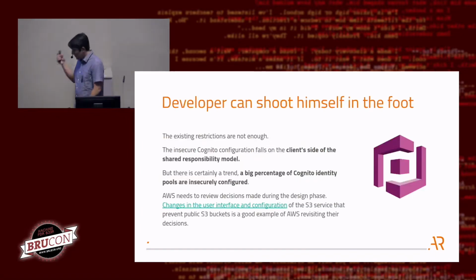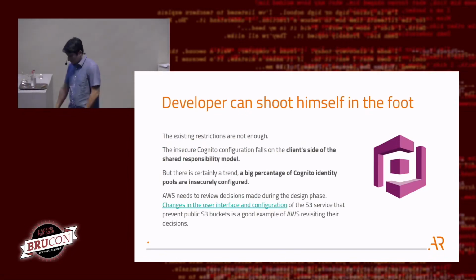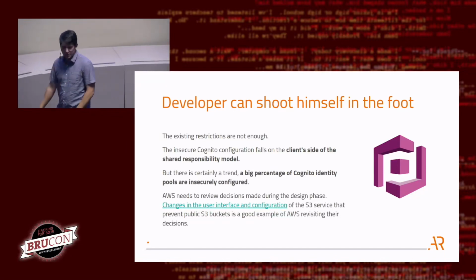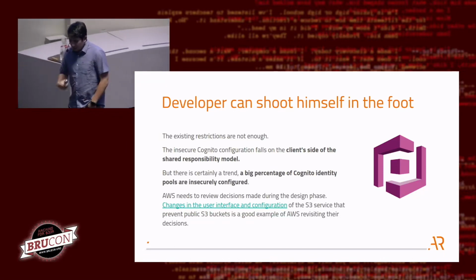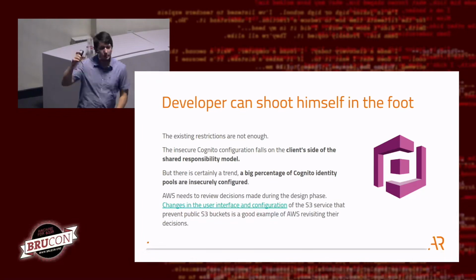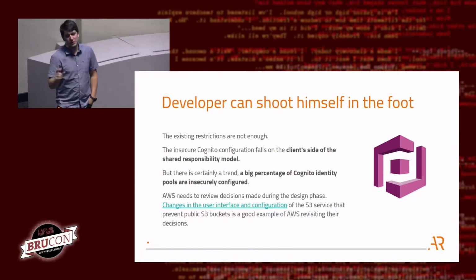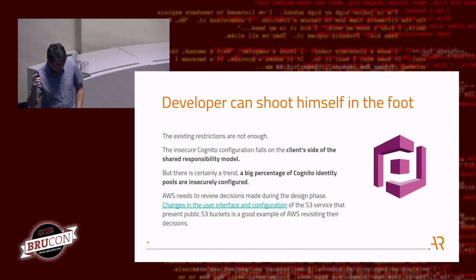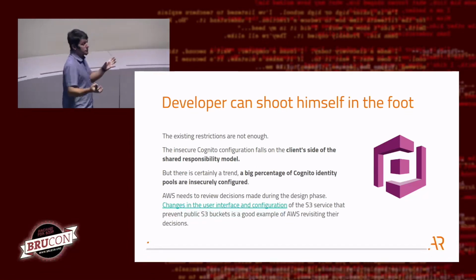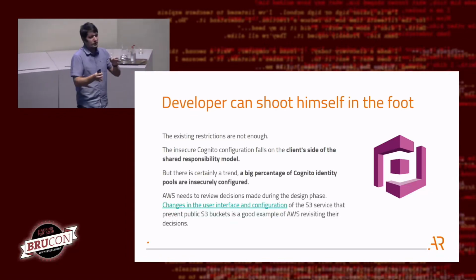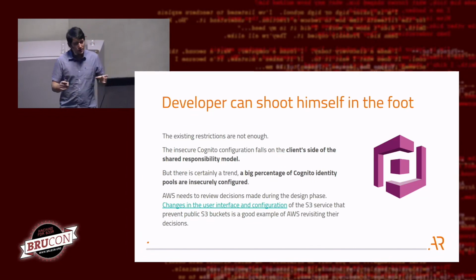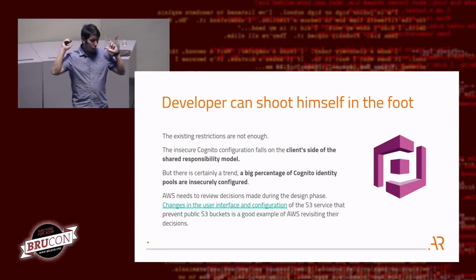So the developers can shoot themselves, and AWS isn't doing much about it. In my opinion, they should add to the UI a big warning when you are doing something wrong. If you're a developer and you're assigning excessive permissions, and it's pretty easy to identify when that's happening, the UI should warn you.